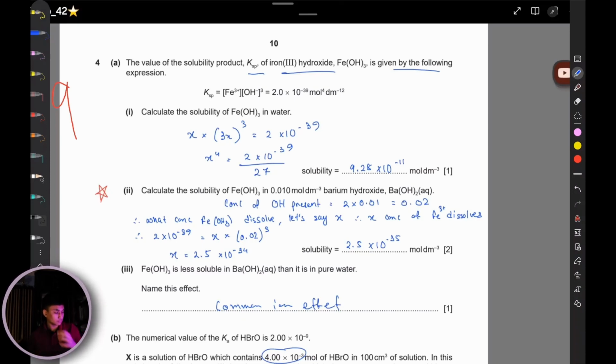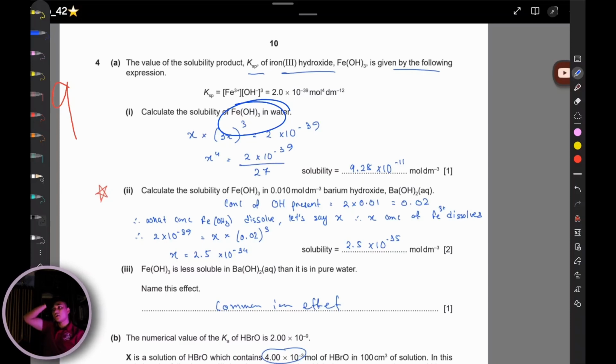So initially, you're just considering the solubility of iron hydroxide in water. No other reagents, no other salt, no other compound is there in your solution. So you only have iron hydroxide, right?